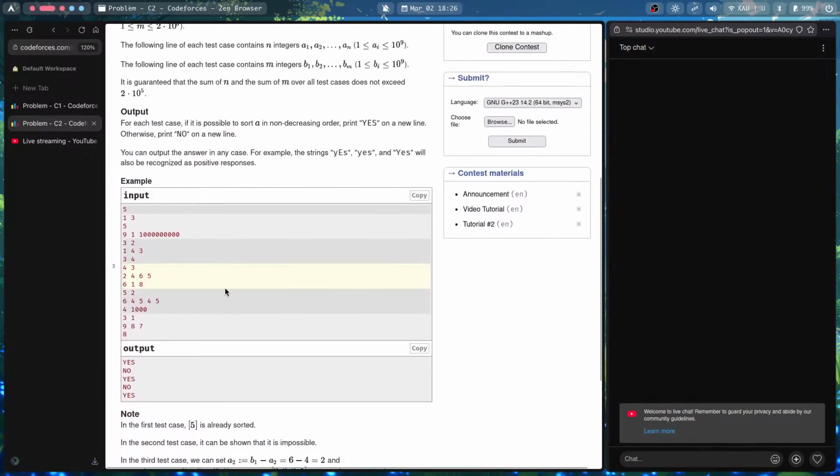Let's take a test case from here. We have two arrays here. We just have to output yes or no, that means whether we are able to sort the given array in non-decreasing order.